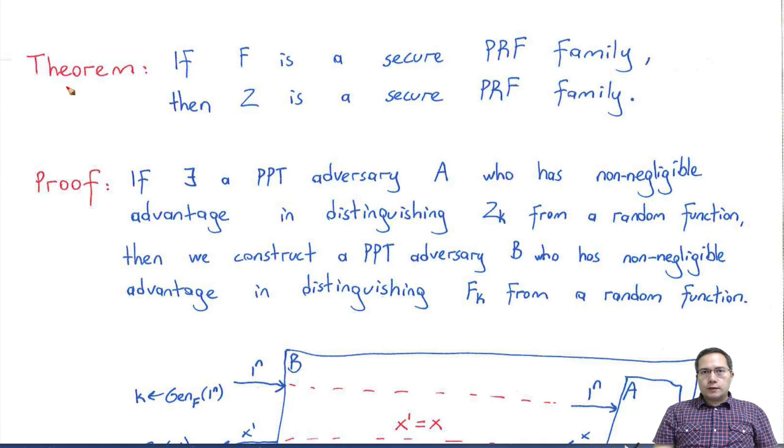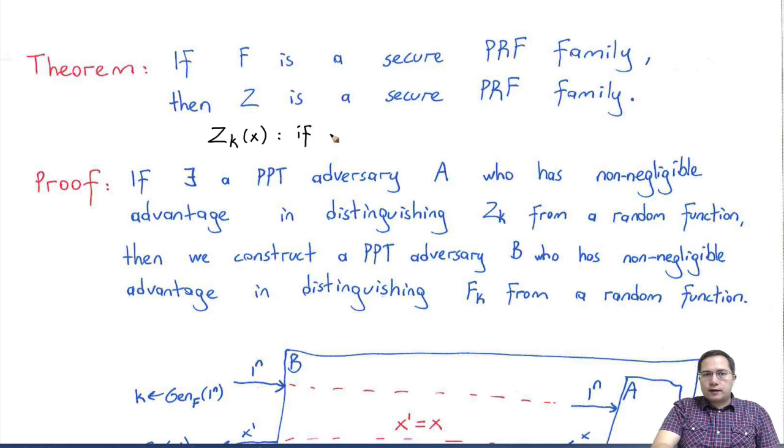Let's go over one of the proofs in the sample exam. Now remember, in this proof we had a pseudo-random function family F, and using that we constructed a pseudo-random function family Z. Z_k of x was computed as follows, just to remind you.